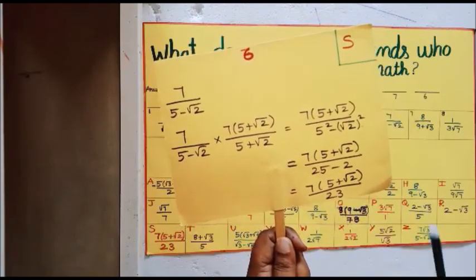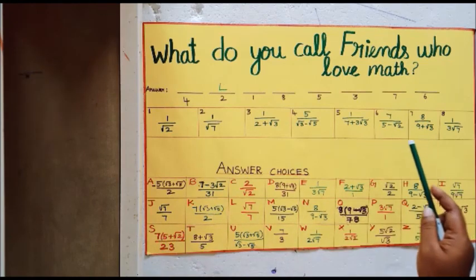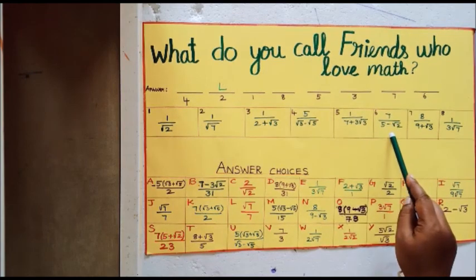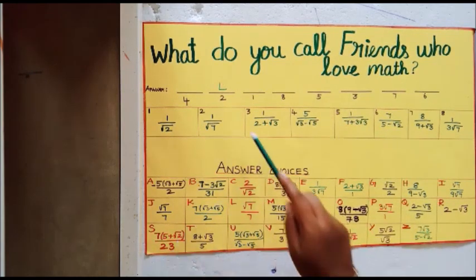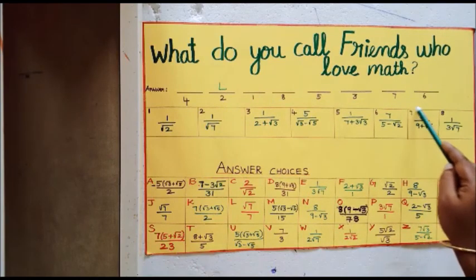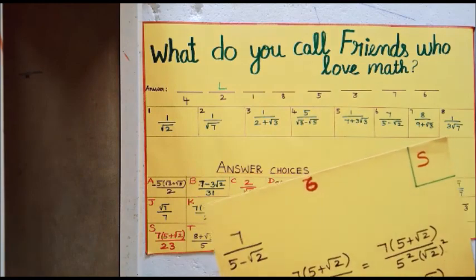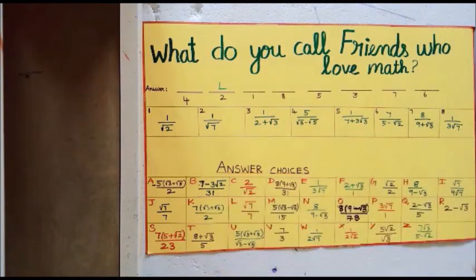See where it is here. In which alphabet does it lie? It is in S. So for the 6th question, the answer lies in the alphabet S. The place for 6 is here, so we fill in the alphabet. No need to fill in the answer, just fill in the alphabet.